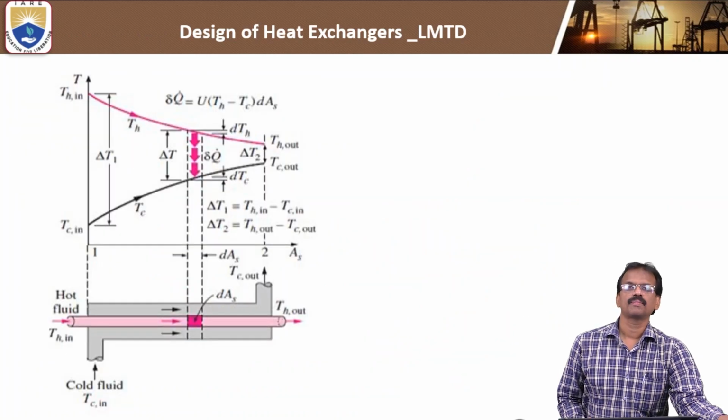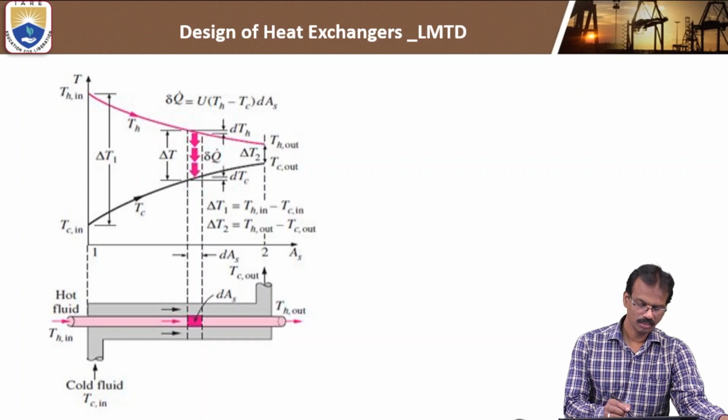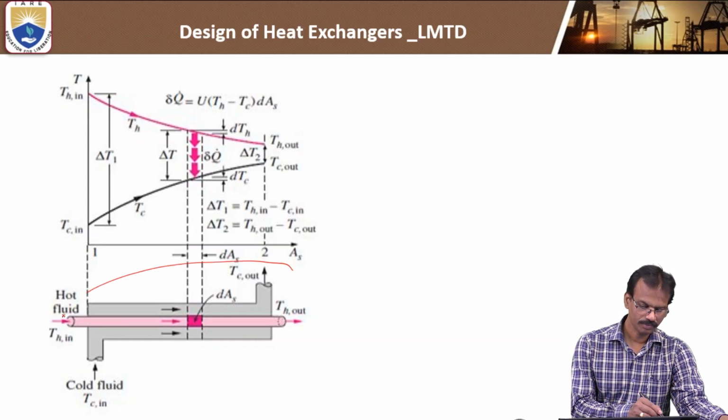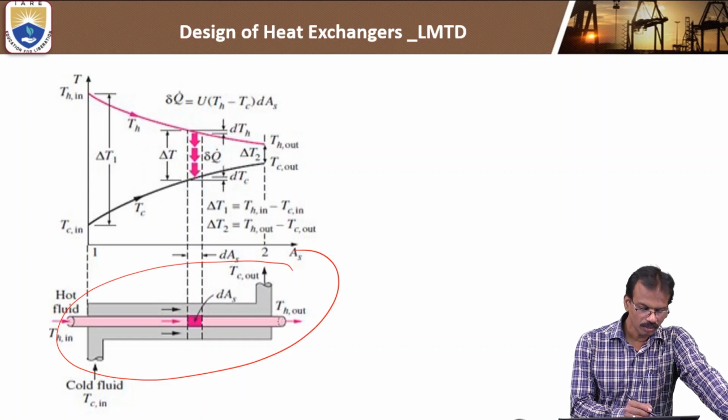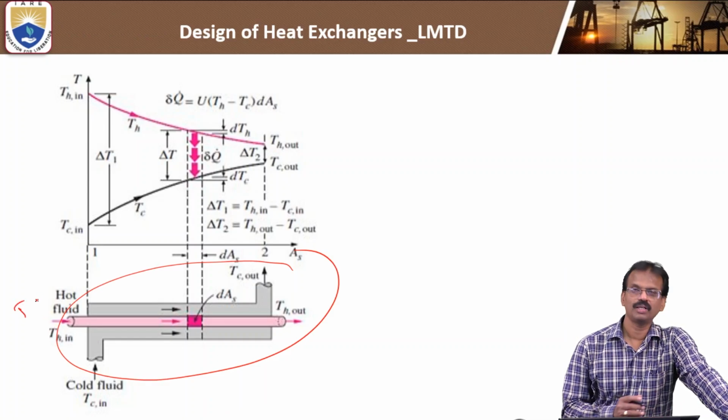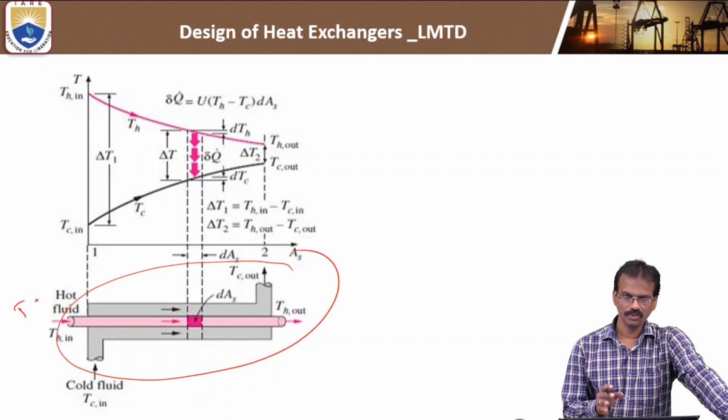So here we will see the parallel flow heat exchanger. This is the pattern of the heat exchanger. Hot fluid and cold fluid enter at one side, and hot fluid and cold fluid leave on the other side.